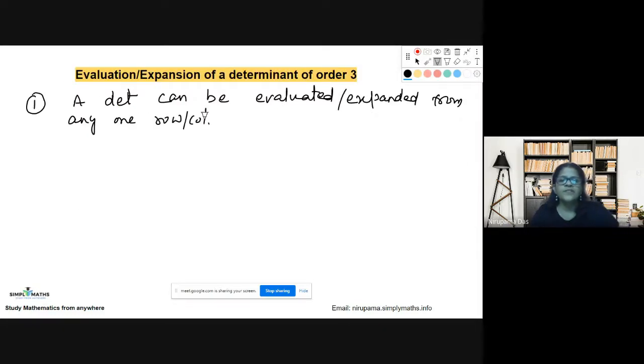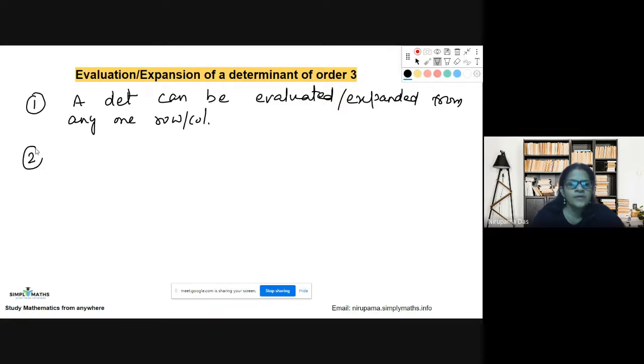So in case of 3 by 3 determinant, you have 3 rows and 3 columns. So you can expand the determinant either from R1 or from R2 or from R3 or from C1 or from C2 or from C3. So out of 6 options, you can choose one. Okay. A determinant can be evaluated or expanded from any one row or any one column.